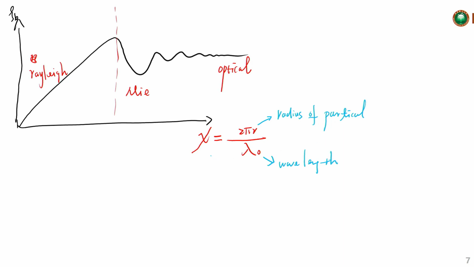So chi represents the ratio between the radius of the particle with respect to the wavelength. This is a very important parameter, and it has a name. It is called normalized circumference.